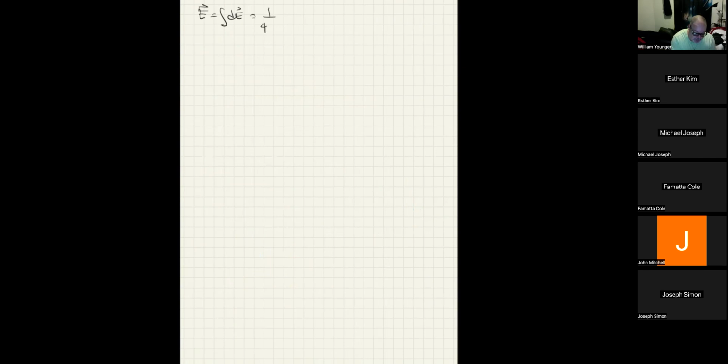1 over 4 pi epsilon naught, integral from y approaching negative infinity to infinity of lambda, which is a constant, times dy times (r i hat minus y j hat) over (r squared plus y squared) to the 3/2.